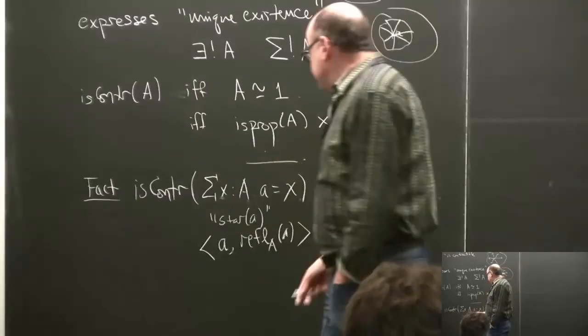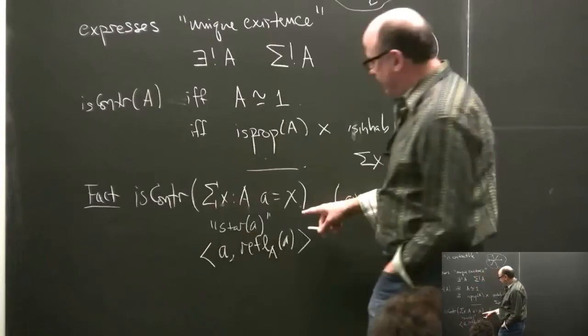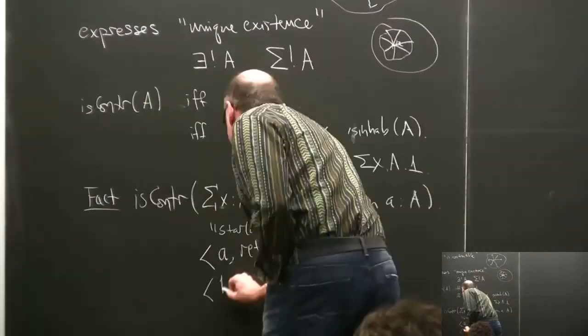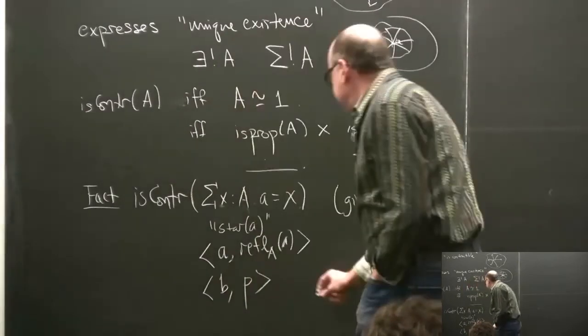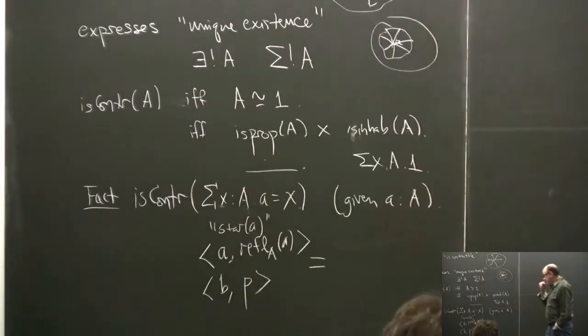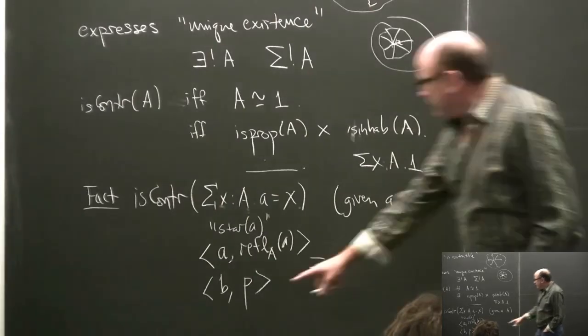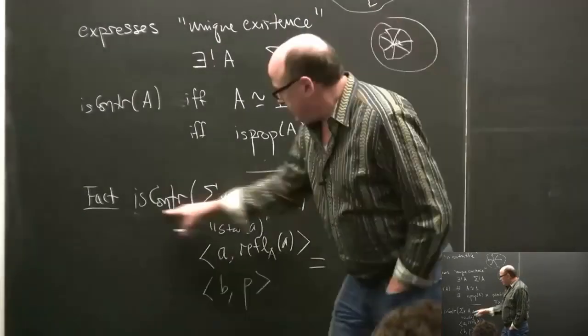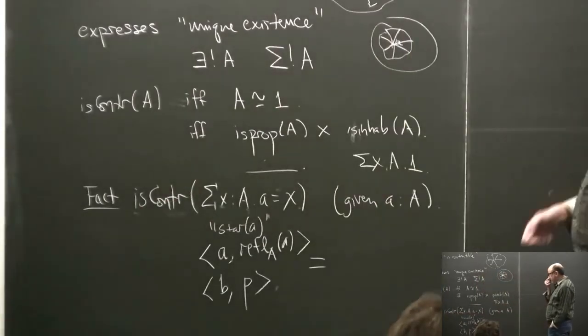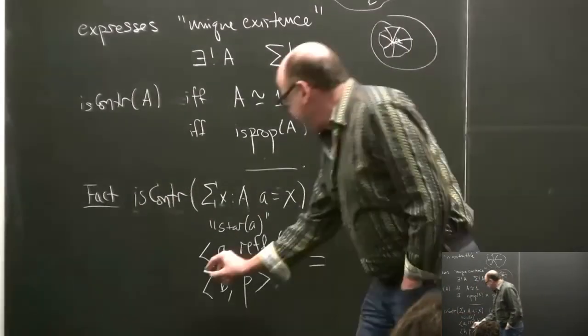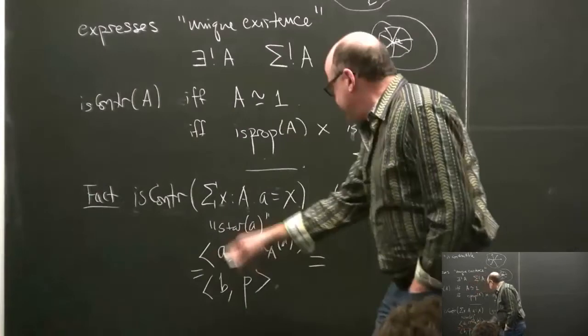And now, if I took any other element of this type, let's call it B and P, the claim is that these are equal, right? That A, refl of A, is equal to B and P, provided that B is in here, because we're claiming the contractibility of this sum type. Sorry for where my equal sign is. This is equal to that.